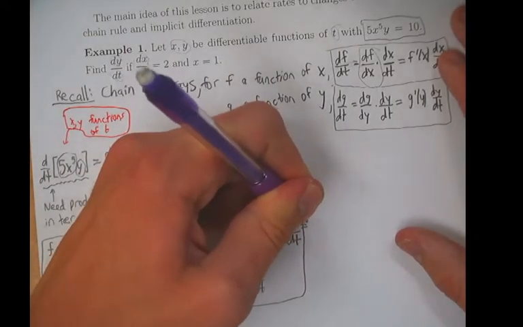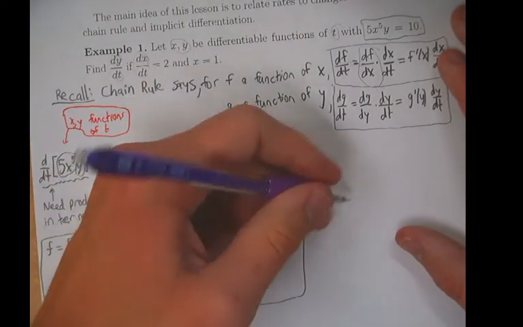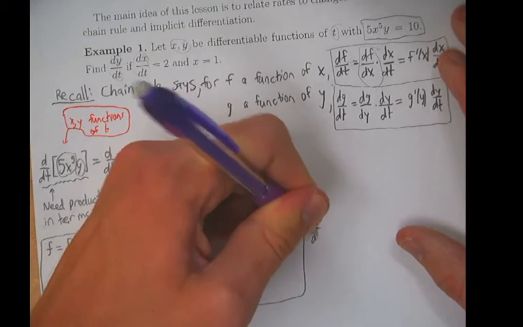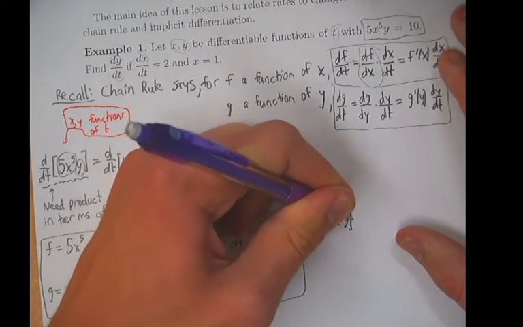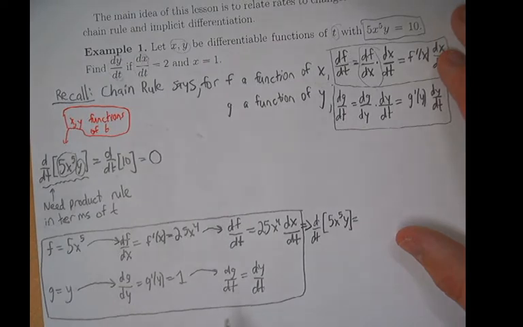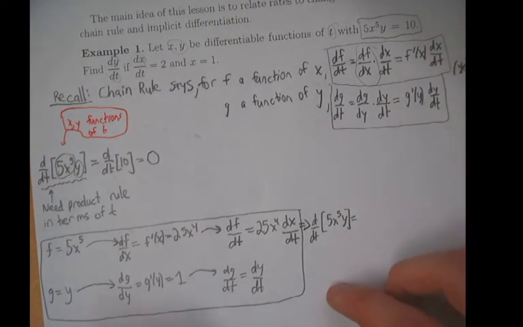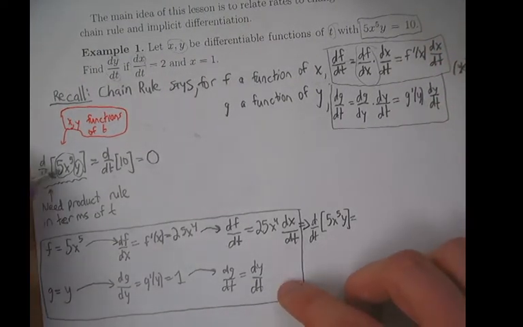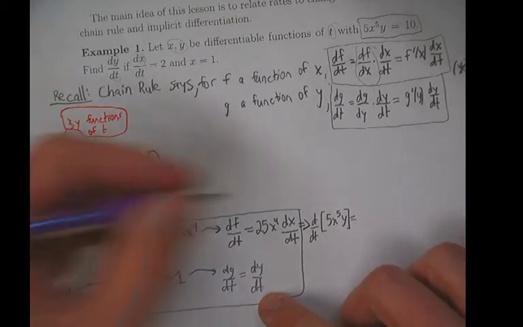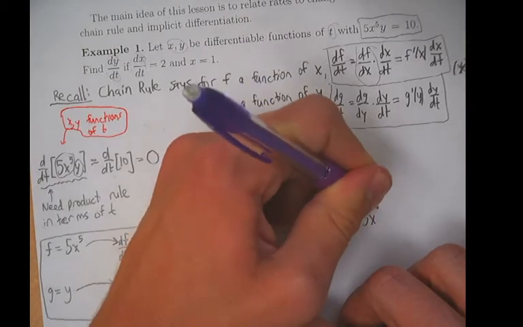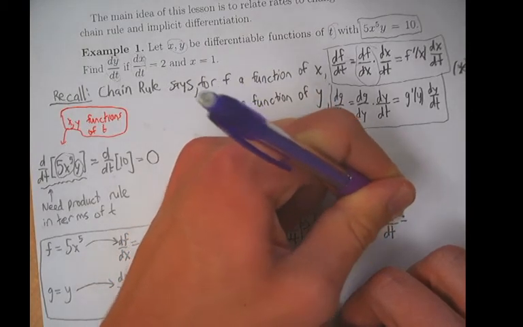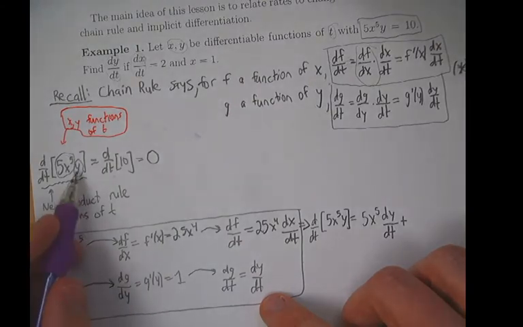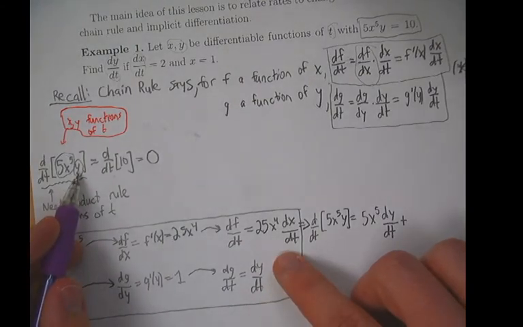So then product rule says, all right, d over dt of 5x to the fifth times y is just the first function times derivative of the second. So we have 5x to the fifth times dy dt, and then plus the second function times derivative of the first.